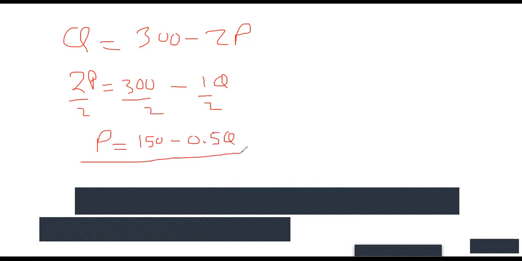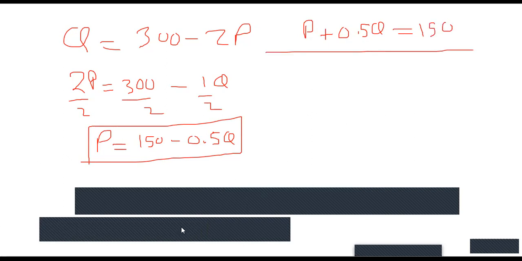How do you sketch this one now? So on the y-axis, first you put the letters on one side. Then you divide 150 by 0.5, which gives 300. So how do you sketch this?